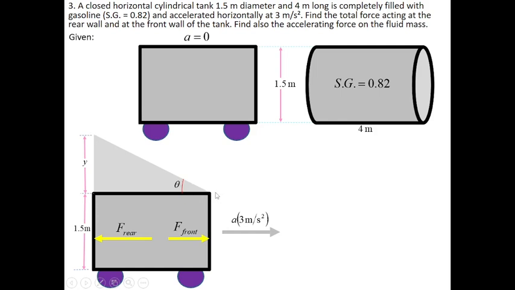So this is the pressure diagram, which is triangular, no? And we have the rear force, as I have told you before, that it is equal to the specific weight multiplied by HC, multiplied by the area, no? So this was taught to you before, okay?